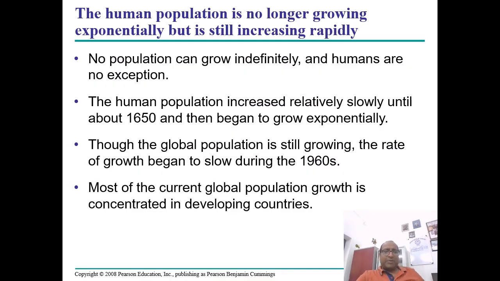Though the global population is still growing, the rate of growth began to slow during the 1960s. Most of the current global population growth is concentrated in developing countries. Means nowadays the maximum growth is seen only in the developing countries, whereas in the developed countries the growth rate is more or less stable.